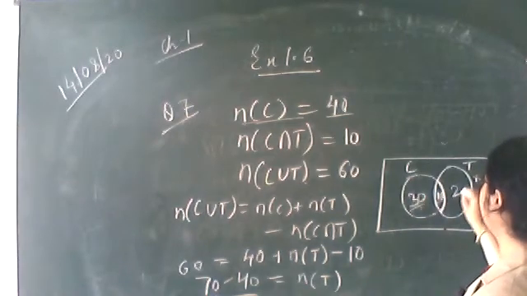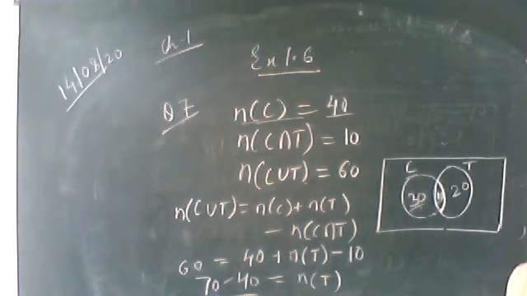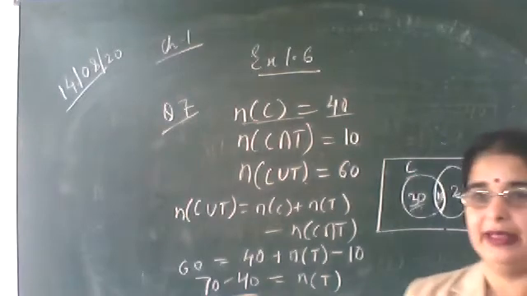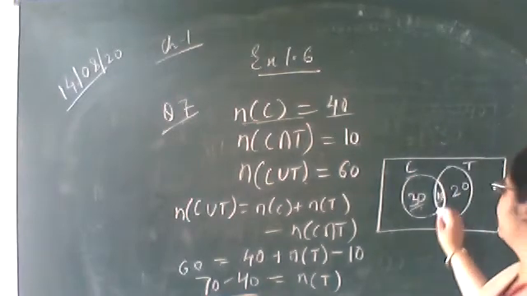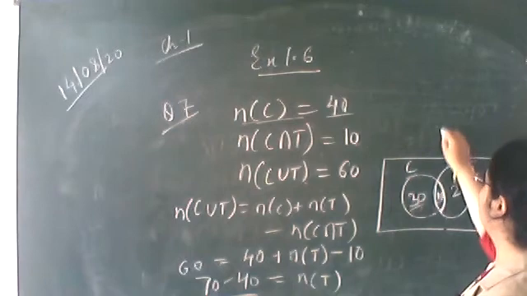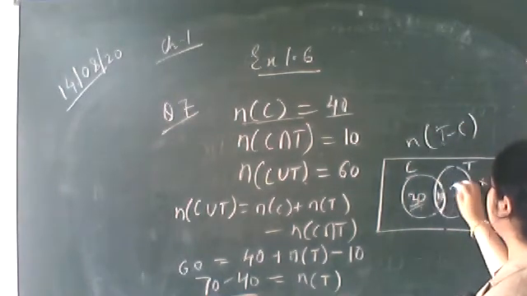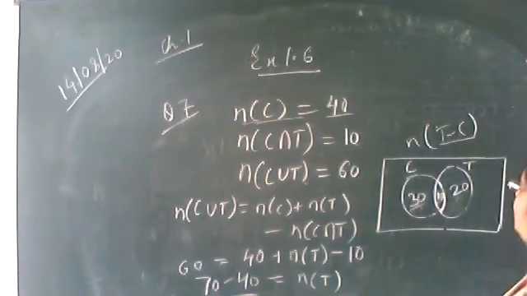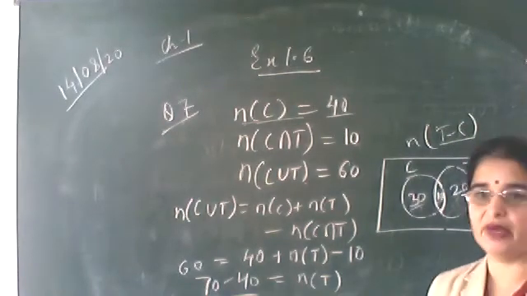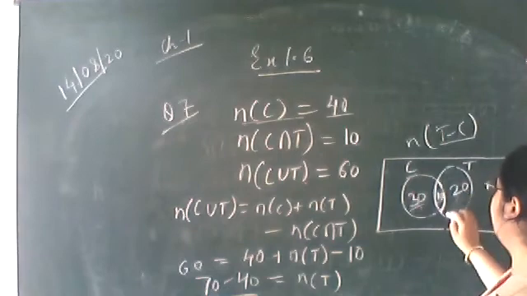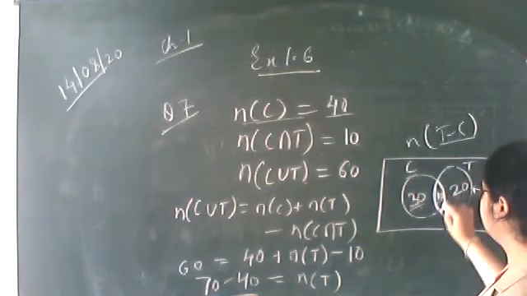So 10 is coming here. How many will like tennis only? Now you just see, this is T minus C. You can do it without T minus C also, that's why we have done it using the Venn diagram. This is an important question.